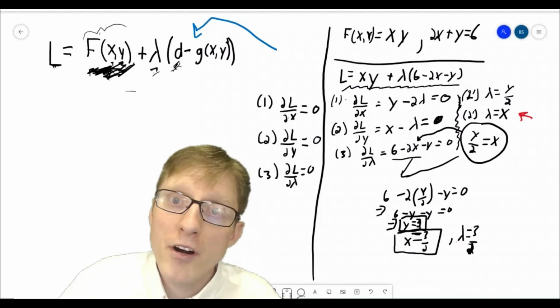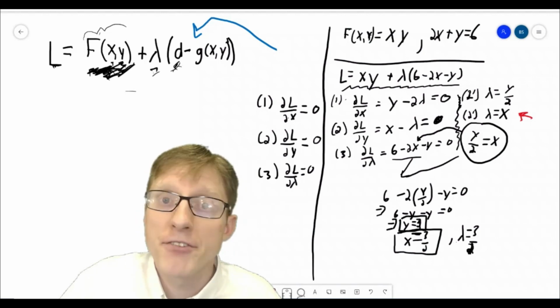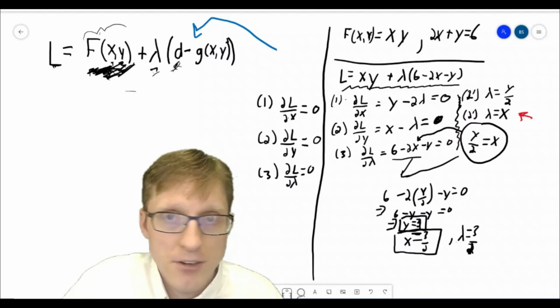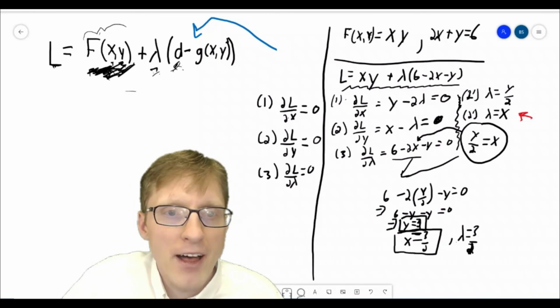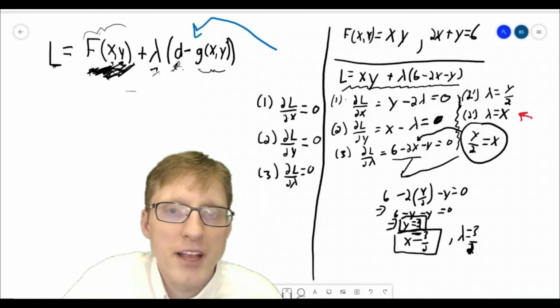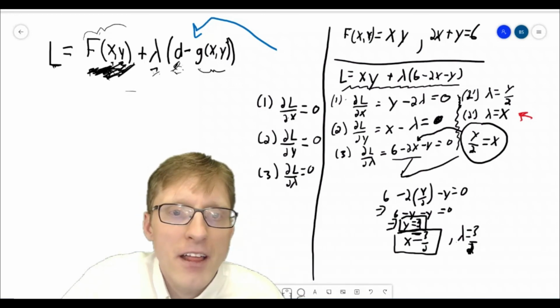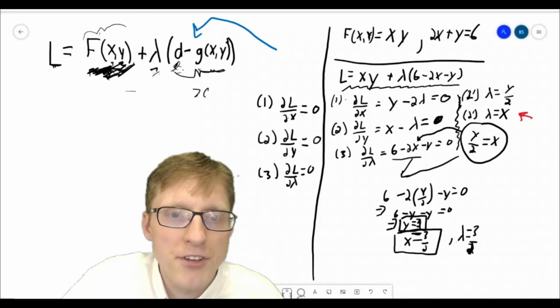And it's easy to illustrate that we're not maximizing with respect to all three variables. Because if we were, it would be very easy to get this Lagrangian function to go to infinity, to a really large value. For example, suppose you chose the values of x and y so that g of x and y was less than d. Then this part here inside the parentheses would be greater than 0.